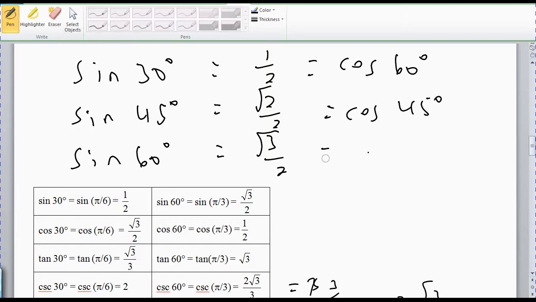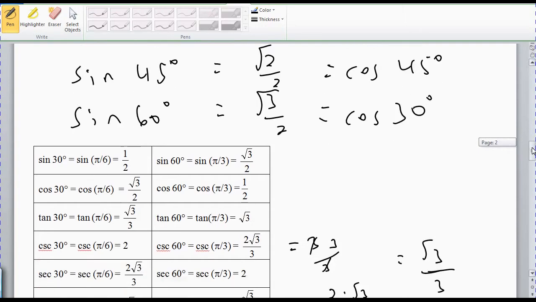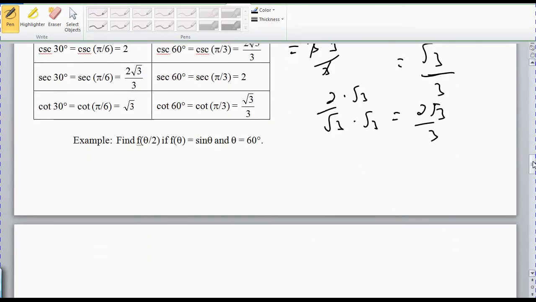And sine of 60 is the same as cosine of 30. So that means we automatically know sine 30, 45, 60 and cosine 30, 45, and 60 just for knowing sine 30, 45, and 60. I'm telling you, it's really, really beneficial to you.